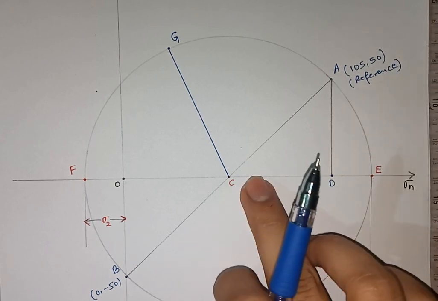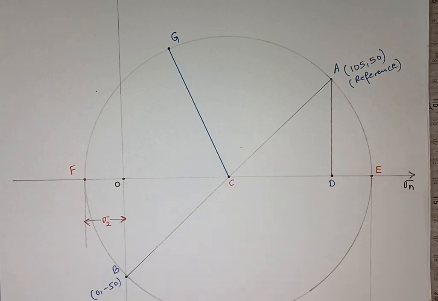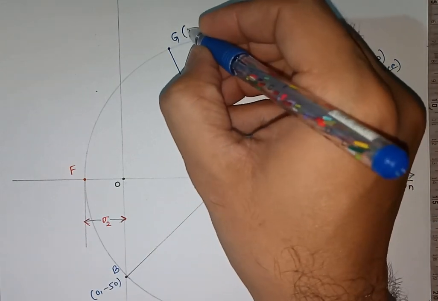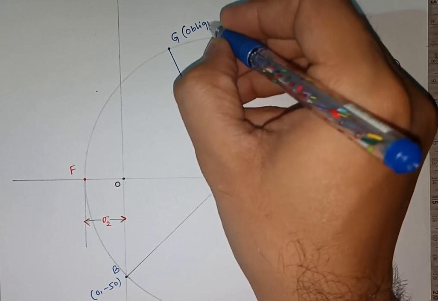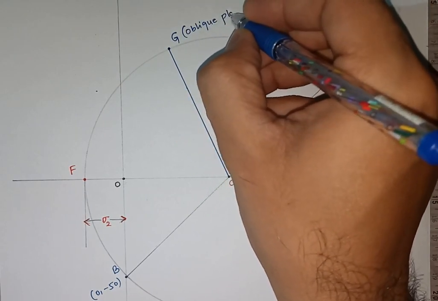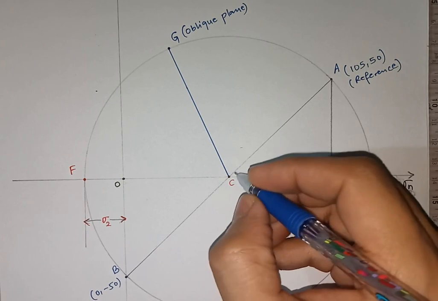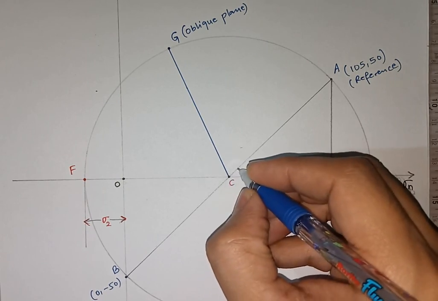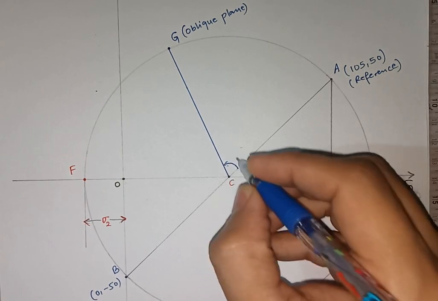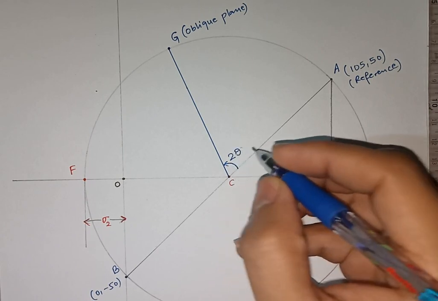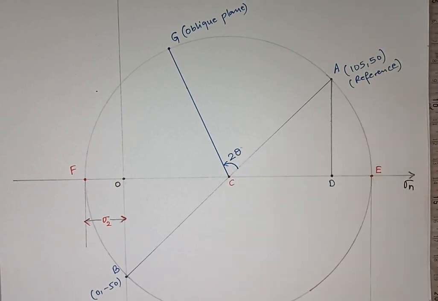Now from this A, I have drawn this oblique plane right here, just to avoid confusion. Now this angle I call it as 2 theta. This angle in anti-clockwise direction, it is 2 theta, right?